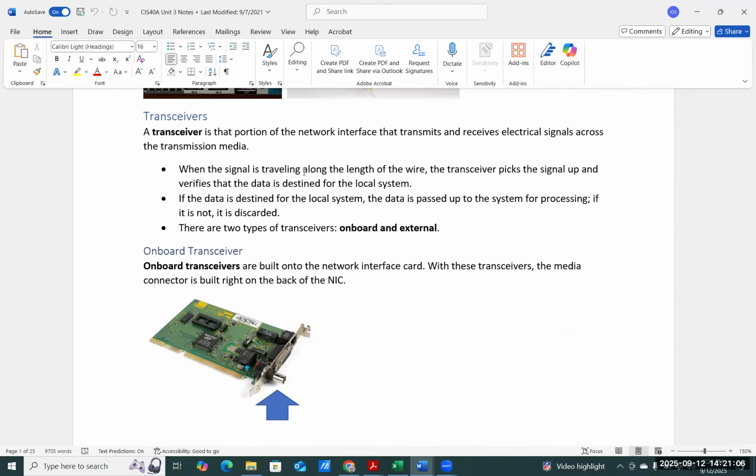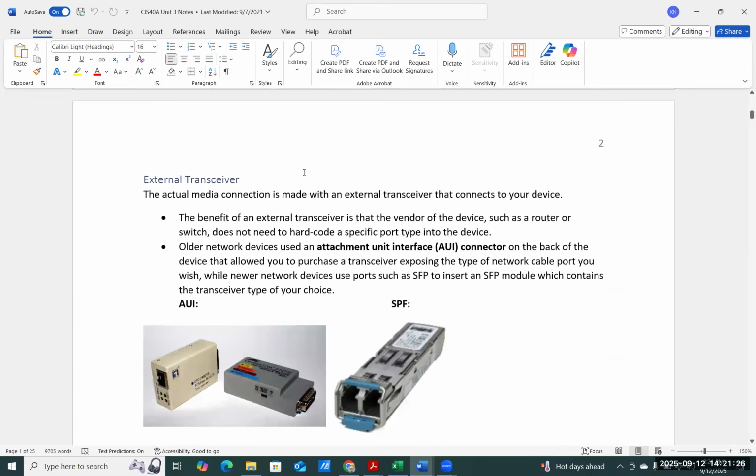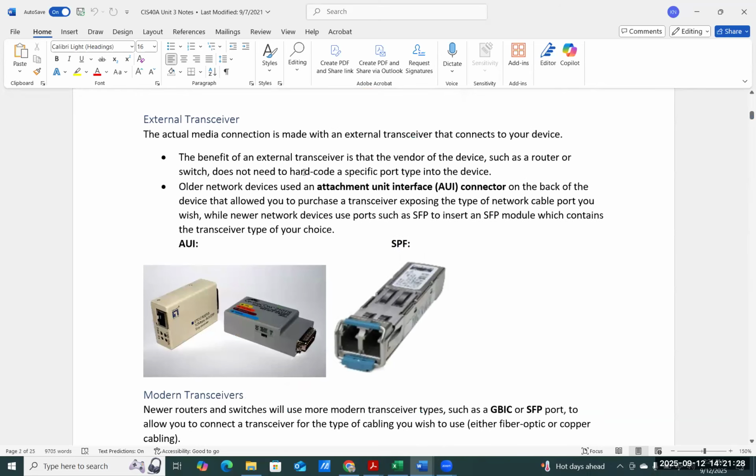So basically, you can sometimes have an older motherboard that has a transceiver. You do have an option to buy an adapter that would integrate transceivers, or sometimes they're built in with the network adapter, as shown here. So often you would see a transceiver looking like this.